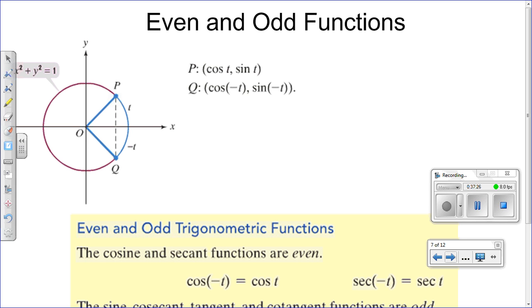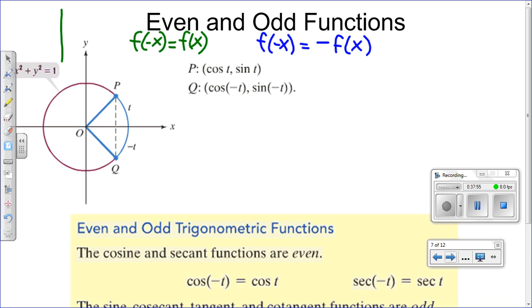All right, so even and odd functions. I'm going to give you a little review from Pre-Cal 1. We used to refer to even functions with this notation, f of negative x is equal to f of x. And for odd functions, f of negative x is equal to the opposite of f of x. Let me show you some quick examples.